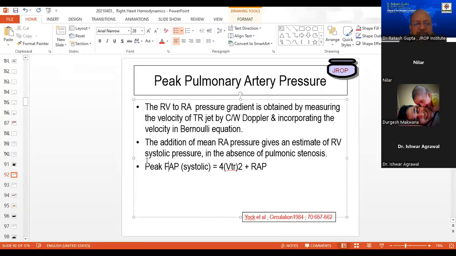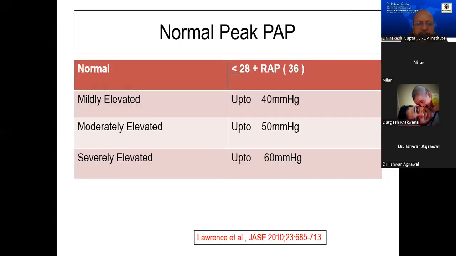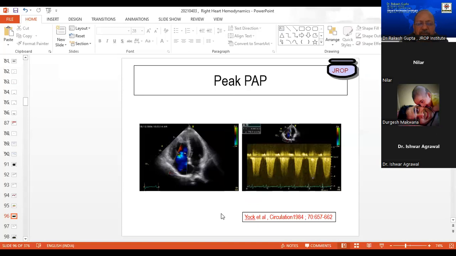So let me just take up this peak pulmonary artery pressure sequence from here and put it over in the next subject. We get a mean pulmonary artery pressure. I'm going to put this over here and let's see how it comes up.